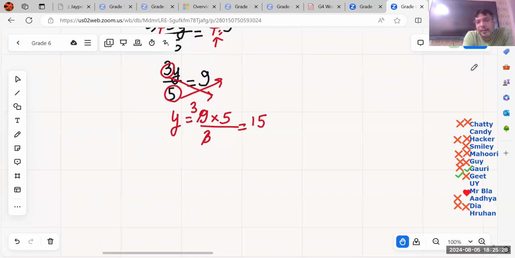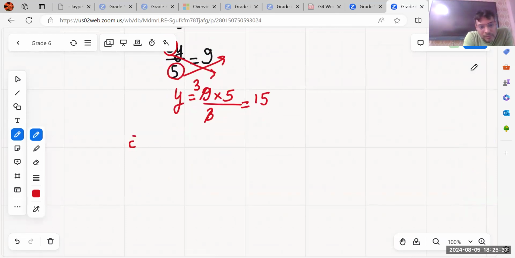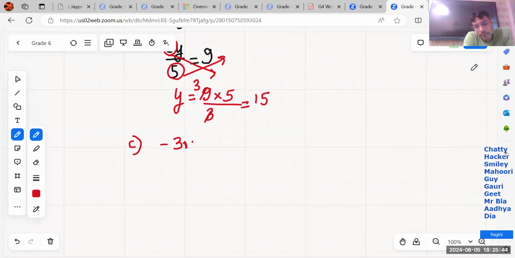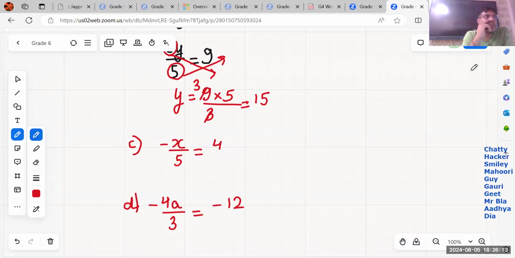So Mahuri and Hacker, guys, hopefully मुझे next two questions का correct answer मिलेगा, if you have paid attention. All right, do these two questions.